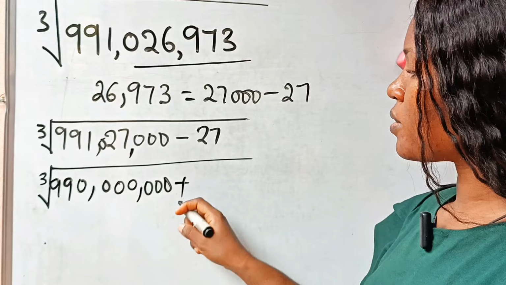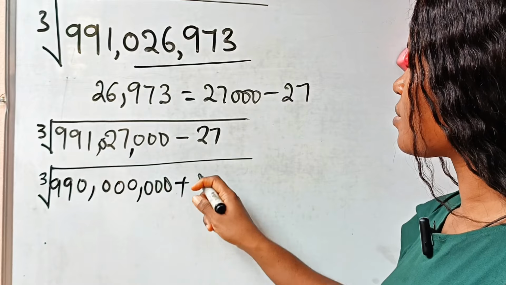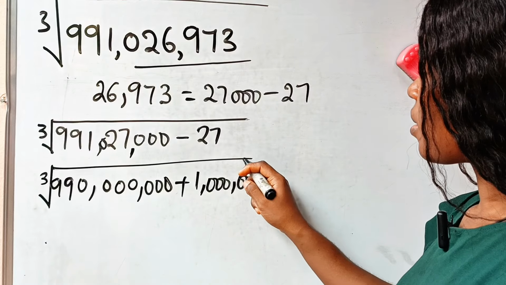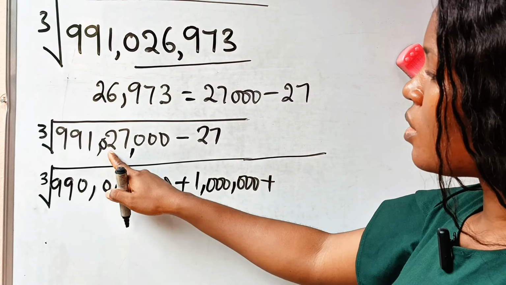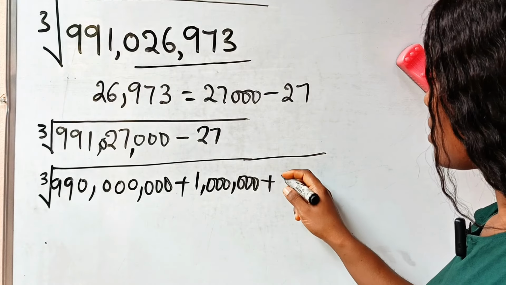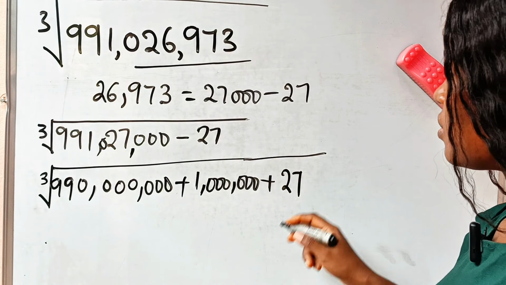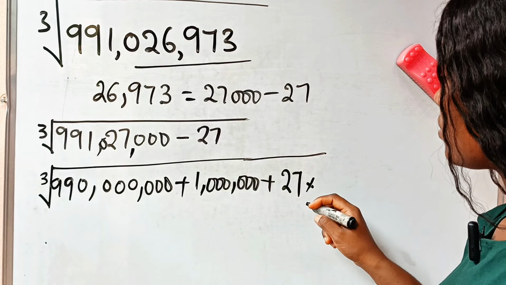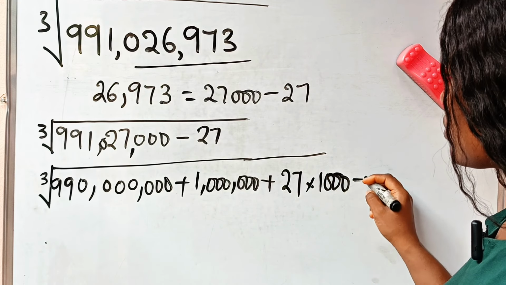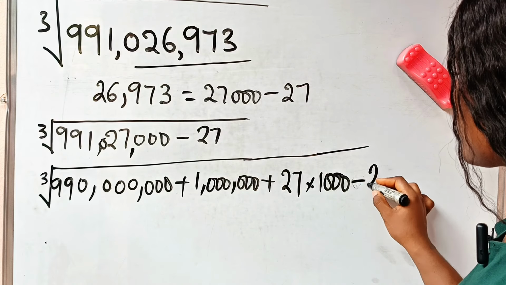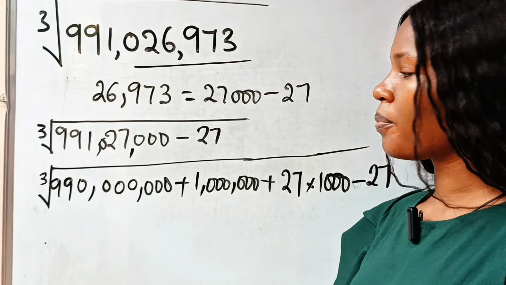Then plus the 1 million we left, plus we have 27,000, which is the same thing as 27 multiplied by 1,000, minus 27.